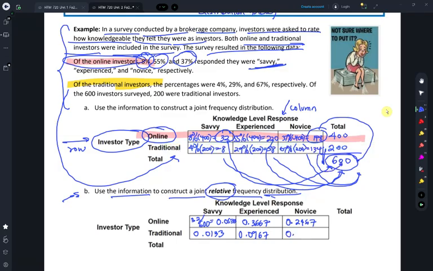That will give us 0.2233. The usefulness of the relative frequency distribution is that it can readily provide knowledge on the percentage of experimental units or observation units that have certain desired characteristics.